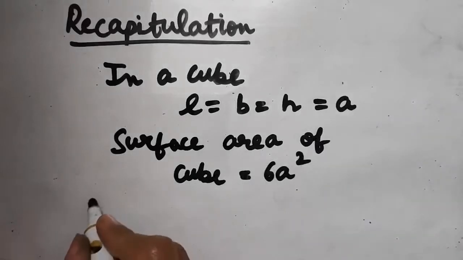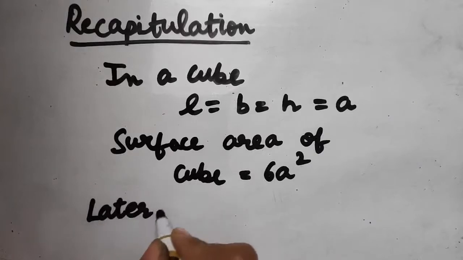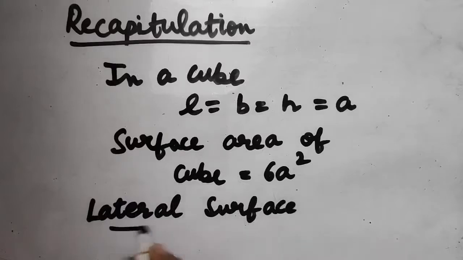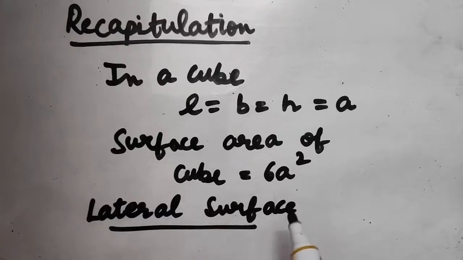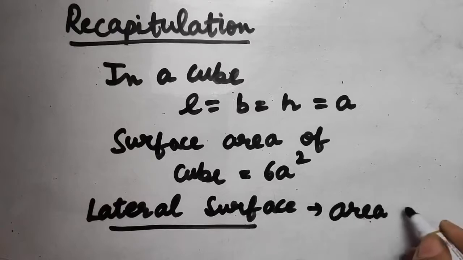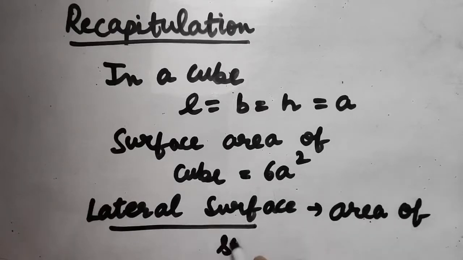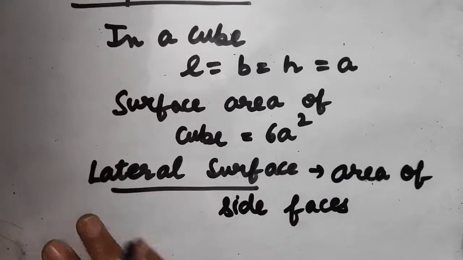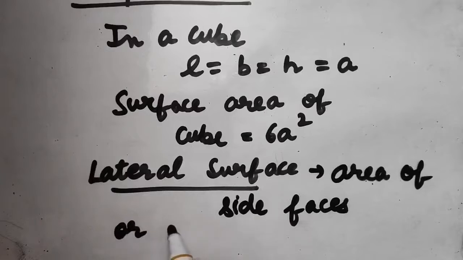Now let us revise the formula of lateral surface area of cube and cuboid. What is the meaning of this lateral surface? In a solid, lateral surface area is basically the area of side faces, or this is also known as area of 4 walls.